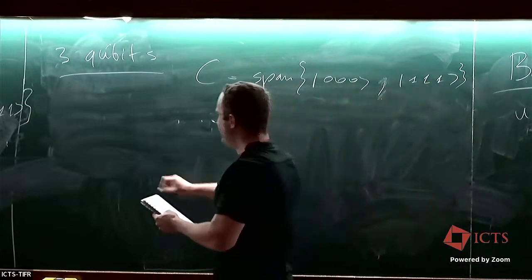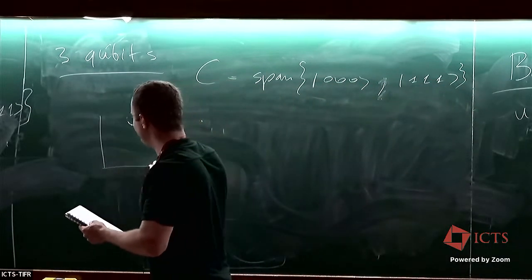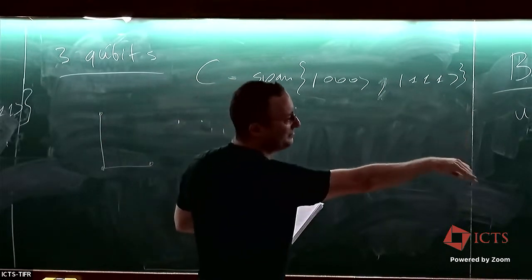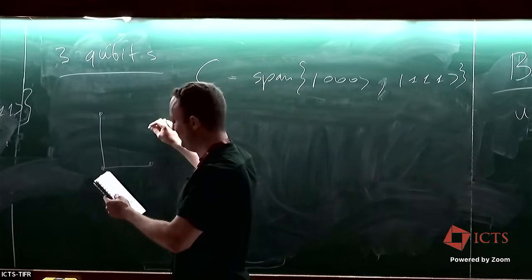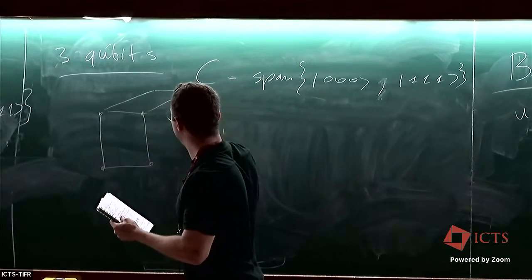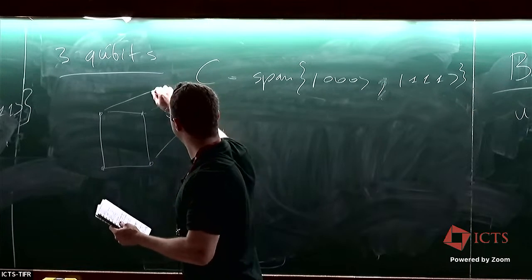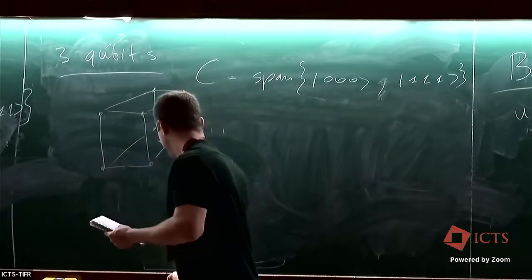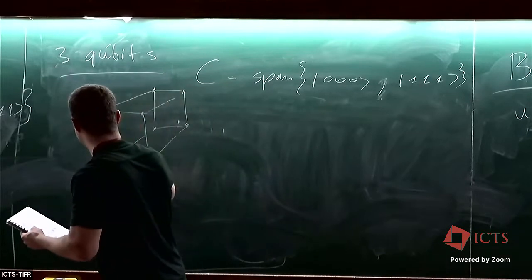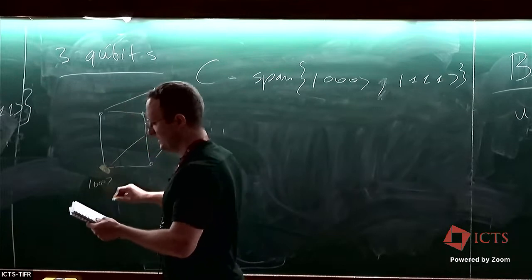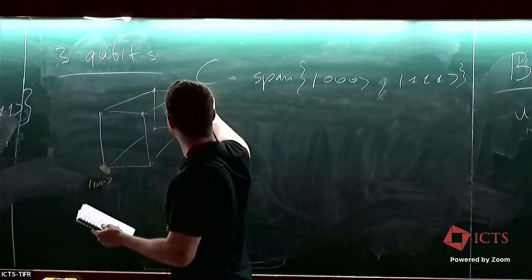And in this case, let's draw the entire phase space. I drew this picture with many dots, and you can now actually draw it for this case. So this is my logical 0, and this is my logical 1.